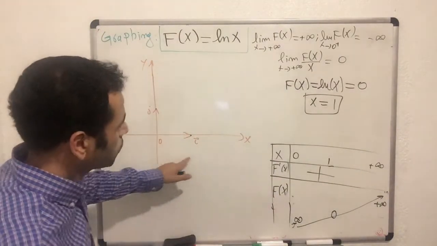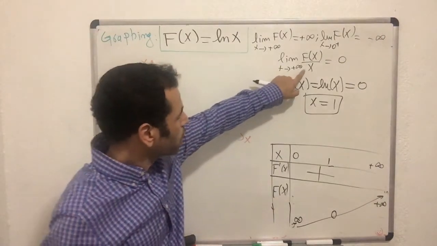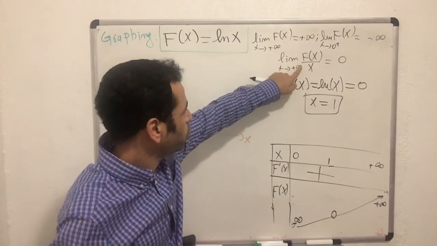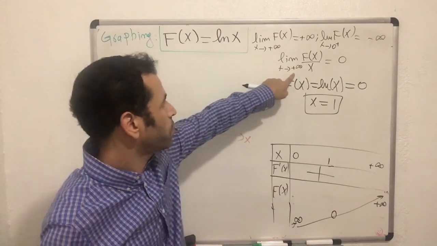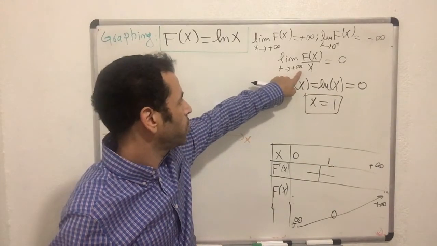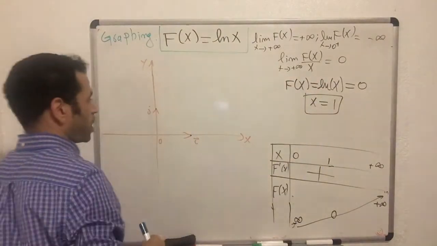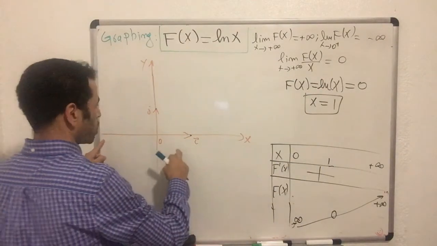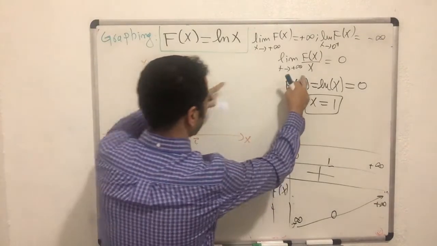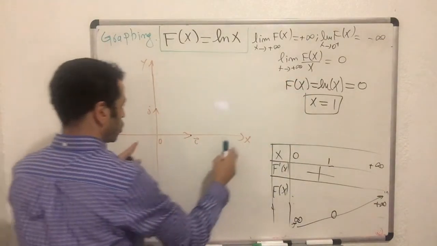And also remember, we already calculated the limit of f of x over x when x is approaching plus infinity, which equals 0. What does it mean? It means f of x accepts the horizontal axis as an asymptote.